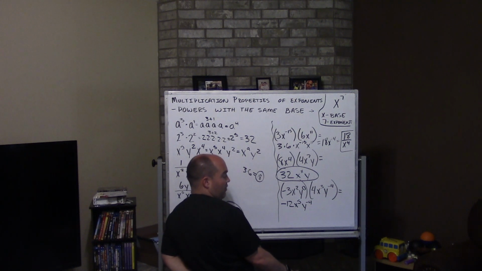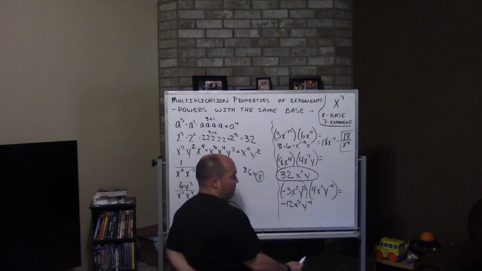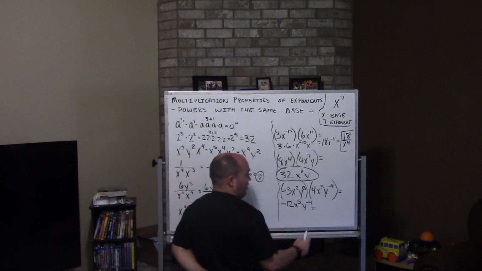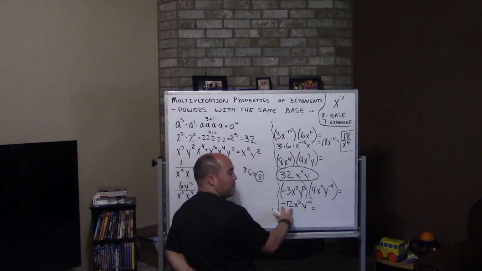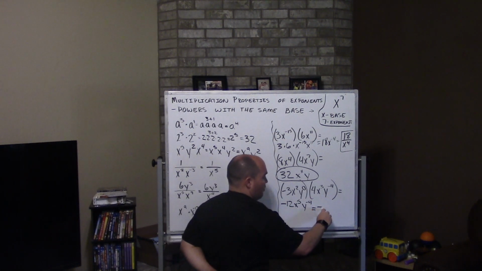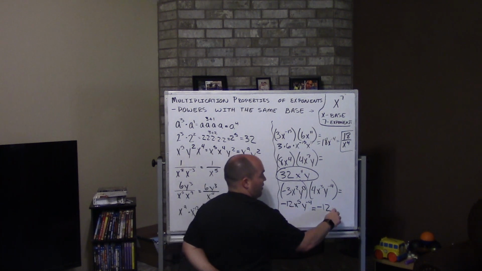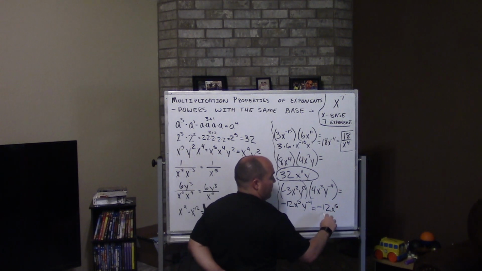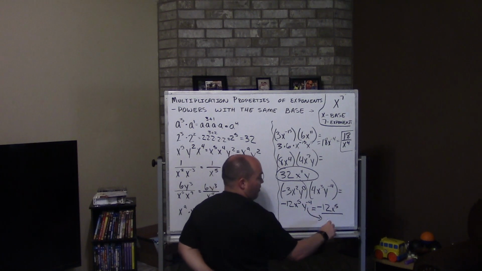Alright, now, I can't finish with the negative exponent in my answer. So I'm going to go one at a time, and I'm going to move what I need to move. This is just a negative 12. This isn't an exponent, okay? It's just a number, an integer. Okay, so the negative 12 stays right where it's at. The x to the 5th stays where it's at. The y to the negative fourth, that's what's got to go to the bottom.